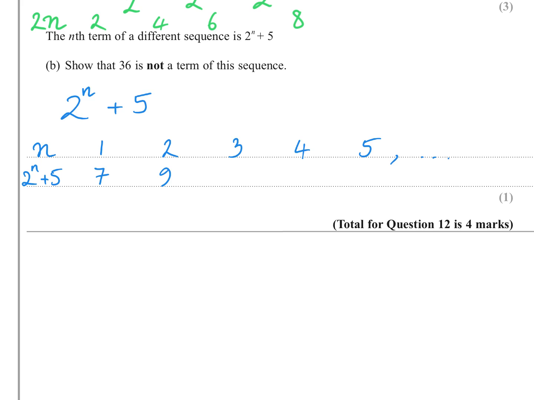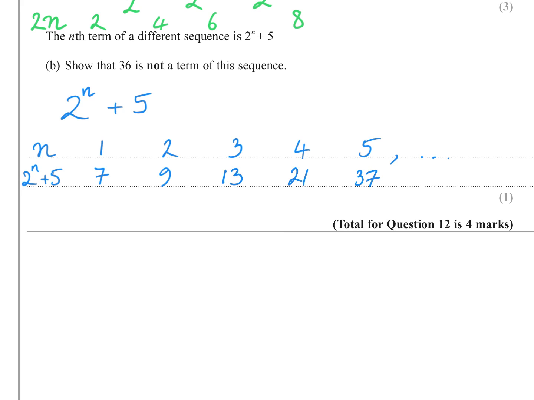If n is 3, here, then we'd have 2 to the power 3, which is 8, plus 5 is 13. And 4, 2 to the 4, 16 and 5 is 21. 2 to the 5 is 32 plus 5 is 37.